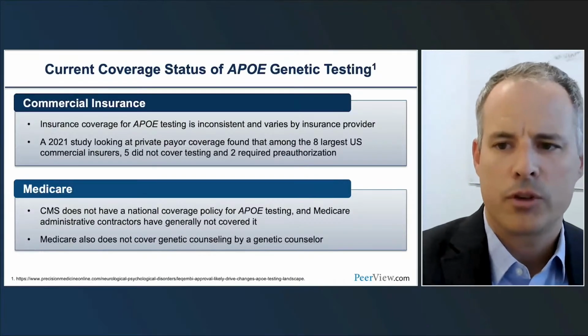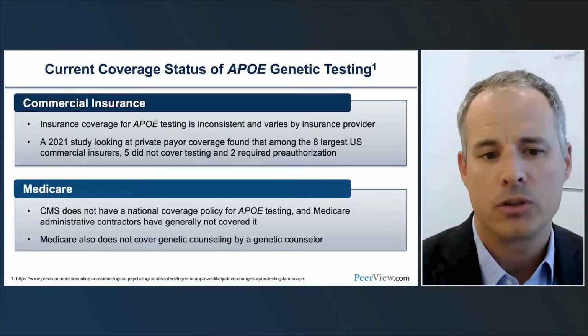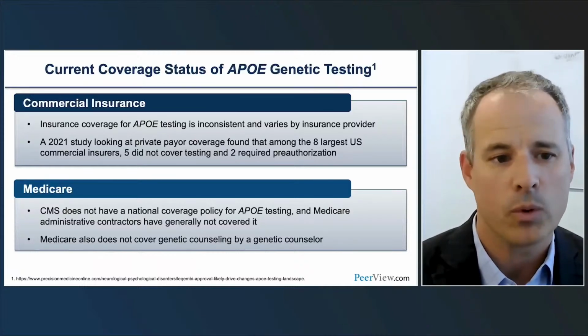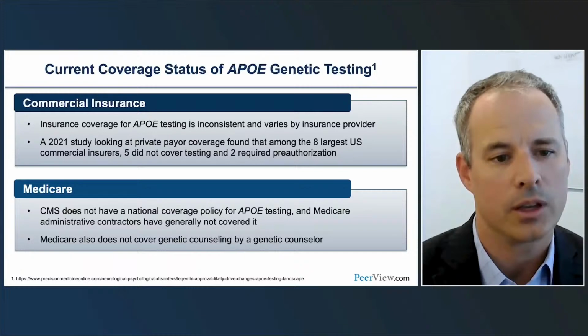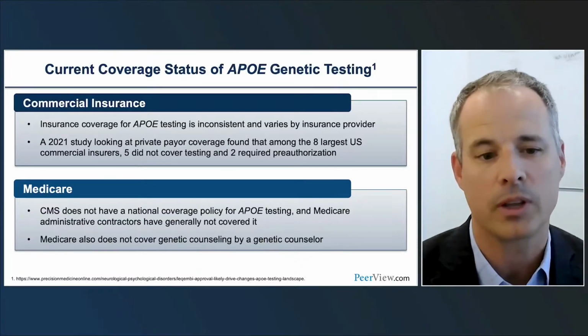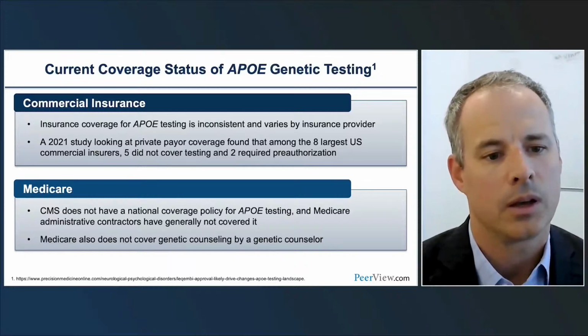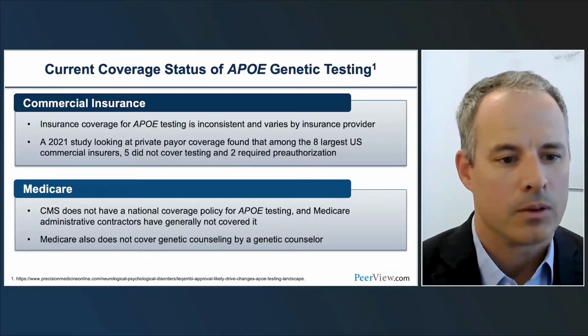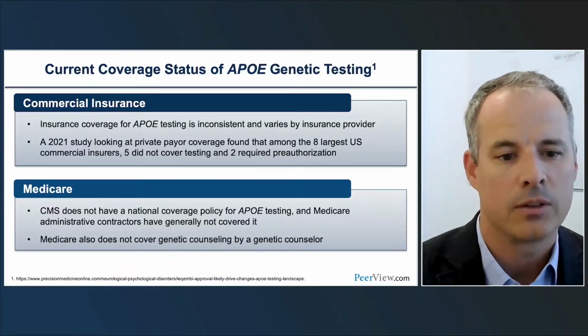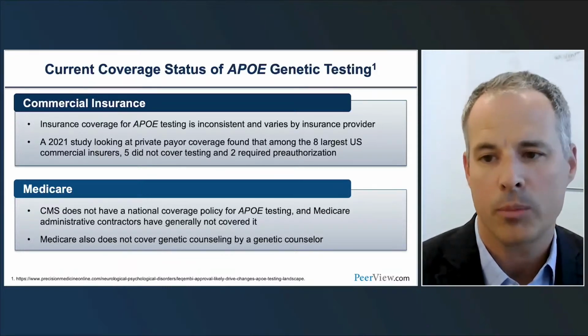So the insurance coverage for ApoE testing is a bit of an issue in the United States. It's essentially not covered very well. So it's inconsistent. Commercial insurance generally, in my experience, does not cover ApoE4 testing at this point. In 2021, a study showed that 5 of the major commercial insurers did not cover, and 2 require pre-authorization.